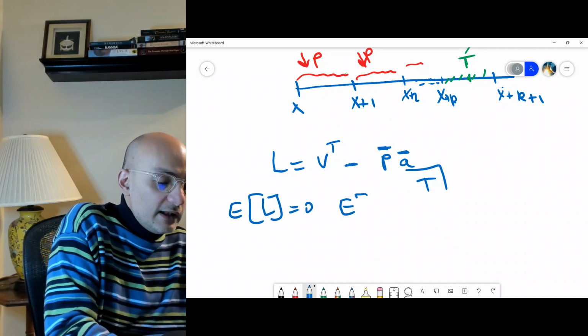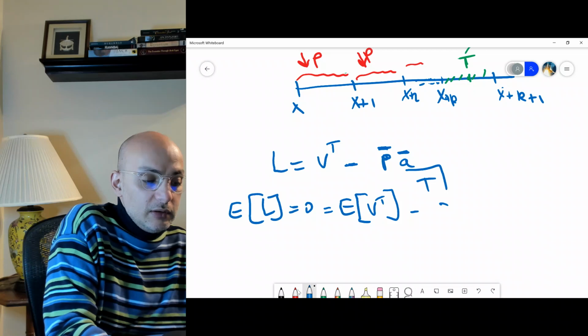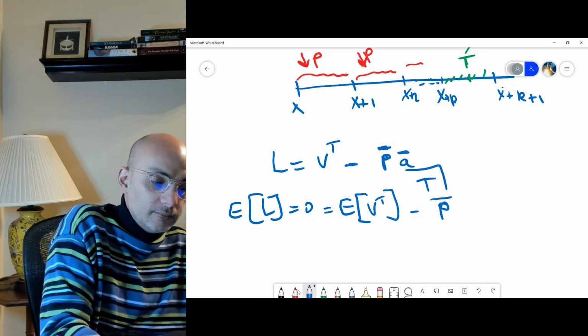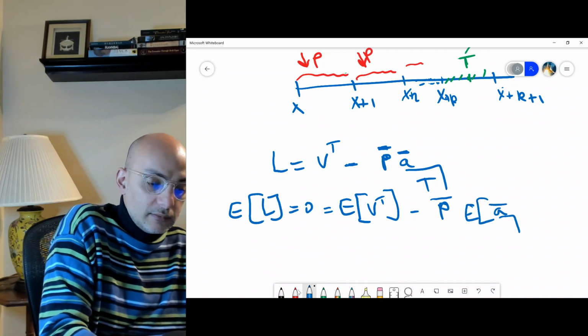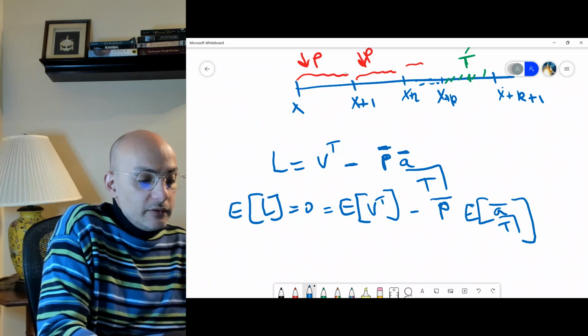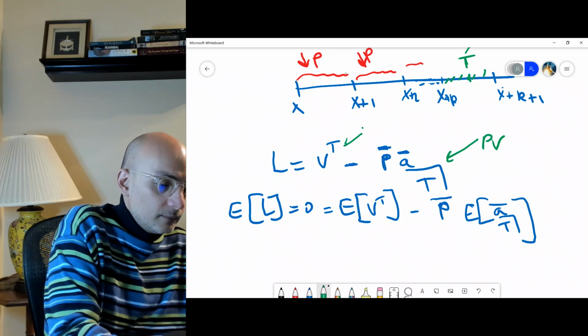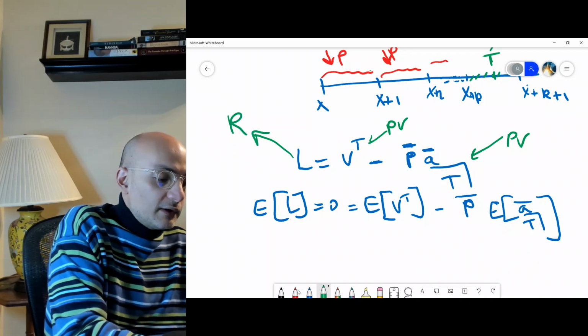So we take the expected value of v^T minus P bar. P bar is a constant, right? We charge 5%, 2%, 3%, so we can take it out. And then we calculate also the expected value of the annuity. This is the present value, and this is also the loss random variable, right?